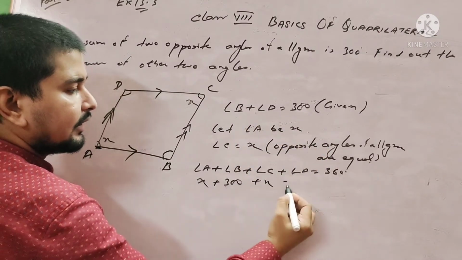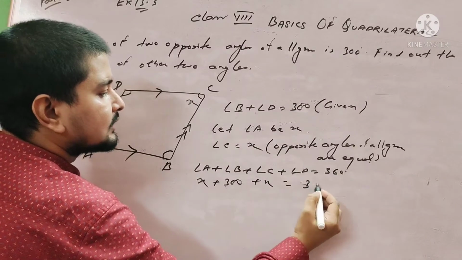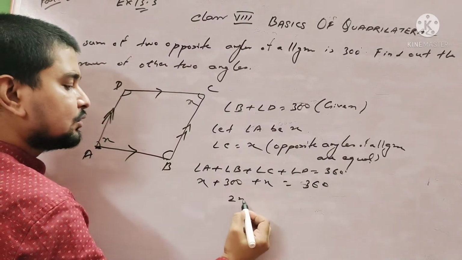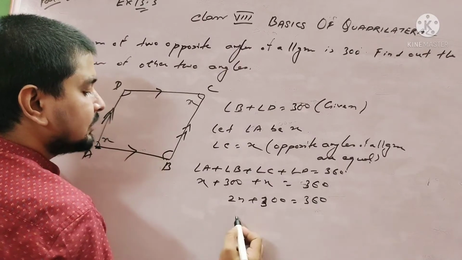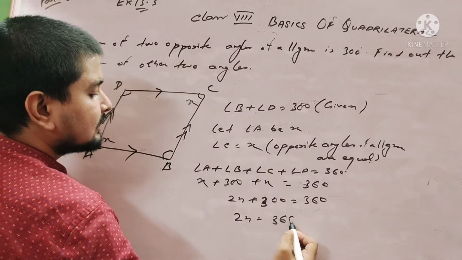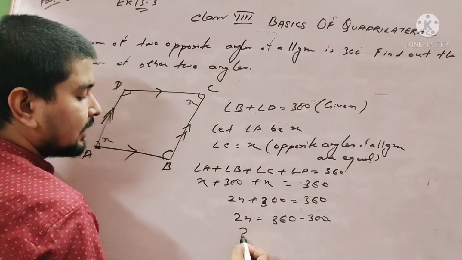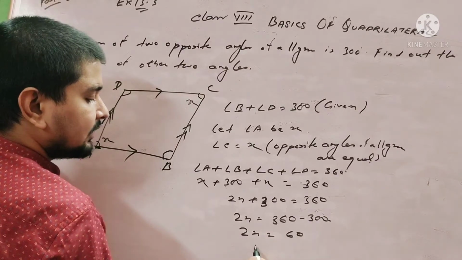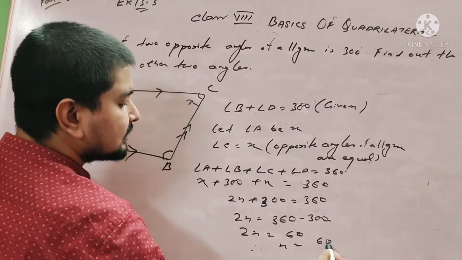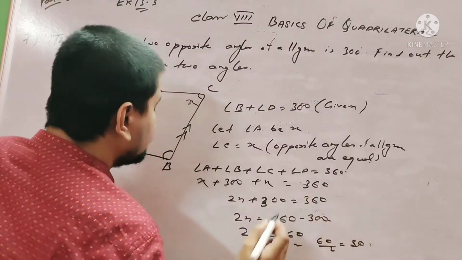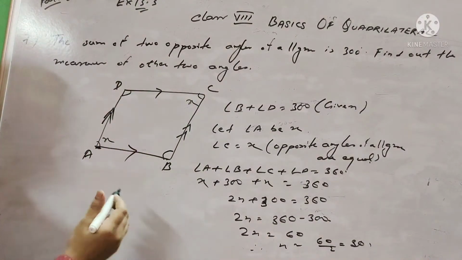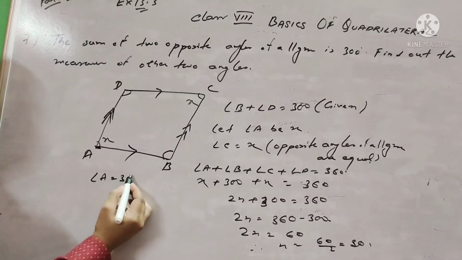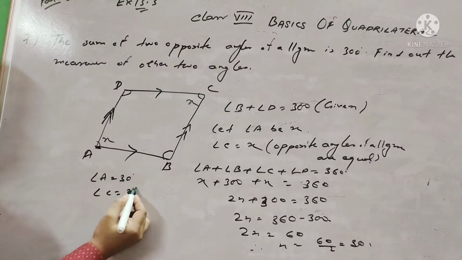So 2x plus 300 equals 360. 2x equals 360 minus 300. 2x equals 60. Therefore x equals 60 upon 2, that is 30. So the other two angles are 30 degrees. That means angle A equals 30 degrees and angle C equals 30 degrees.